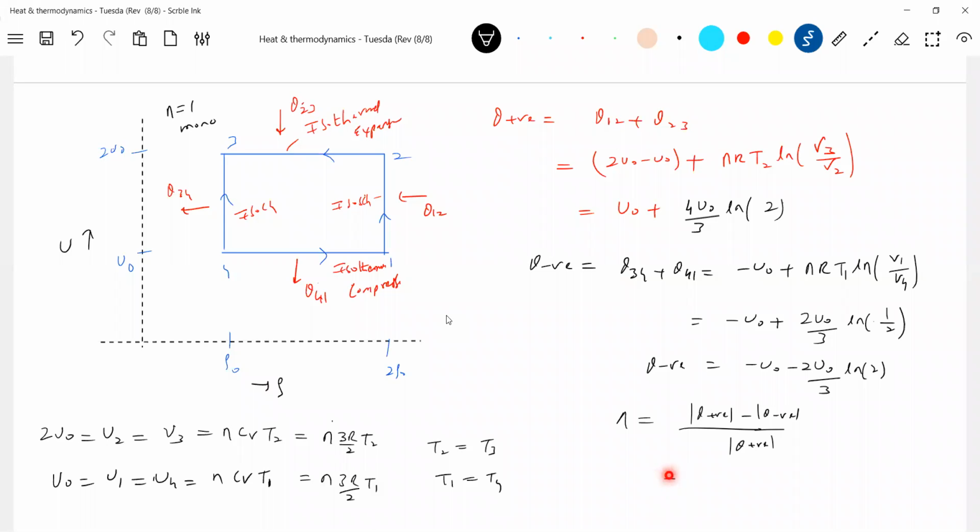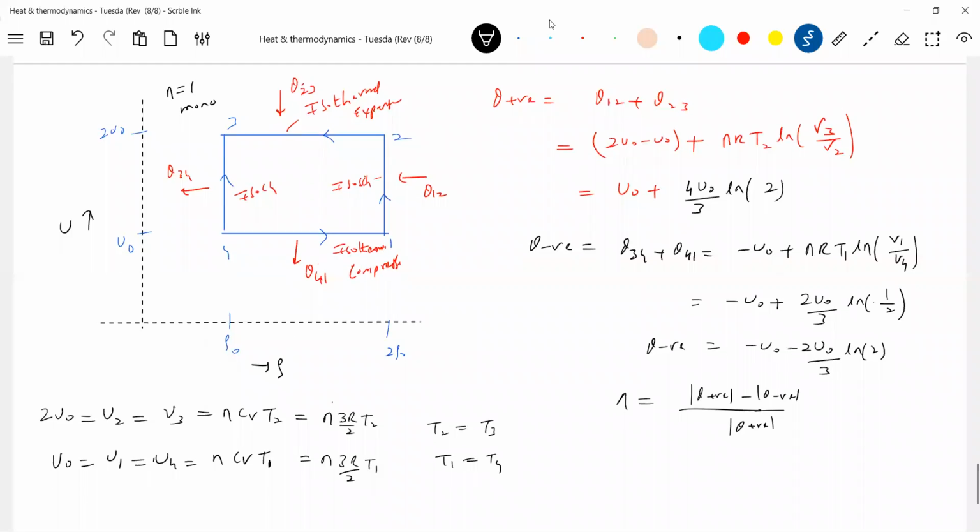Afterwards, equivalent graphs. What are equivalent graphs like? I want pressure, temperature, volume: PV graph, PT graph, and VT graph. Let's go for indicating all the other terms. The temperature here will be T naught, and 2 T naught.